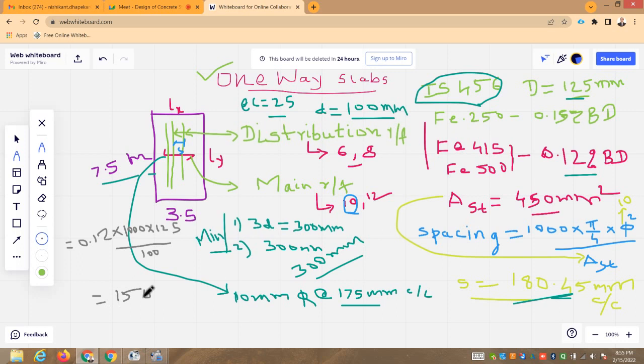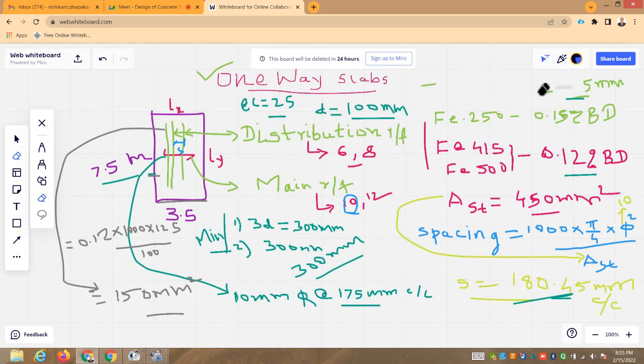Now 150 millimeter square is the steel reinforcement you have to provide, but this is for the distribution reinforcement. And remember well, when we design one-way slab panel, for main reinforcement we are taking the span, but for distribution reinforcement we are taking for 1 meter length. So now 150 millimeter square is your distribution reinforcement.